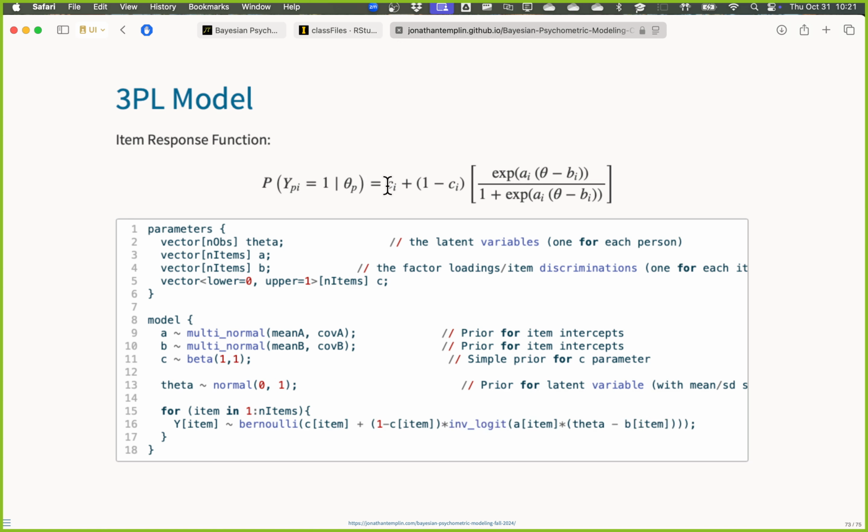But let's talk a little bit more about C. What do you know about the 3PL? Three-parameter model. Let's see here. C sometimes gets called the guessing parameter, the pseudo-guessing parameter.